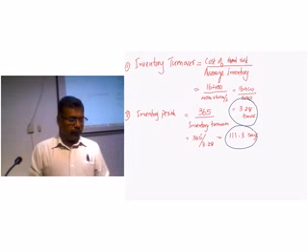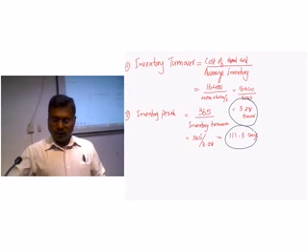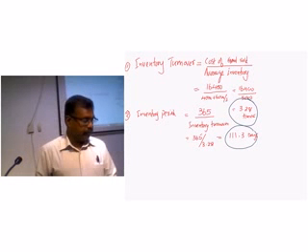So therefore inventory period is 111 days. Inventory turnover is 3.28 times.